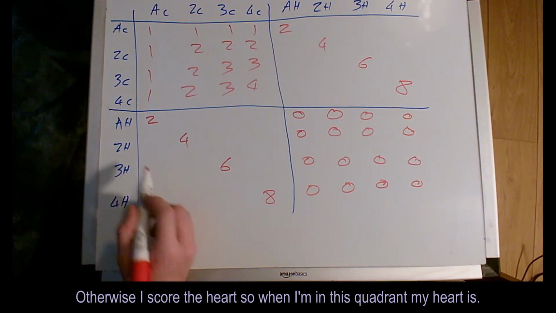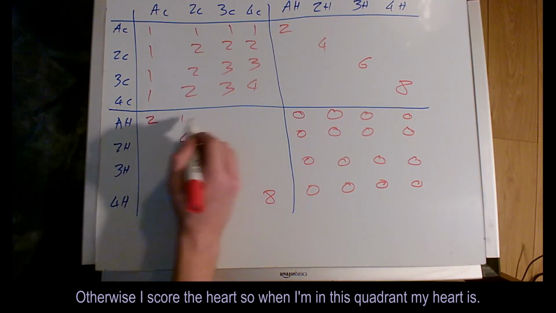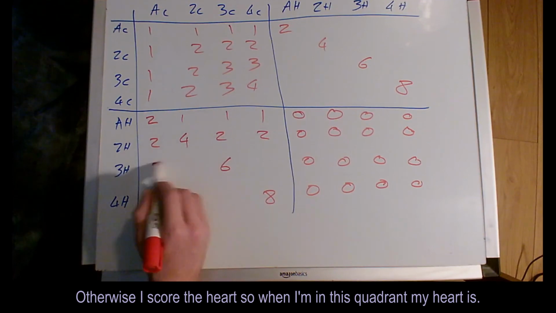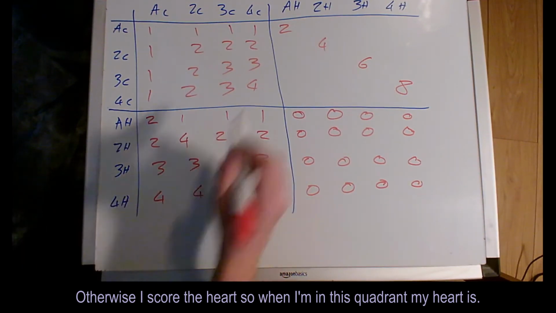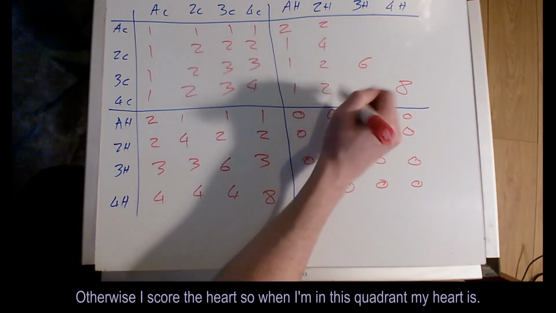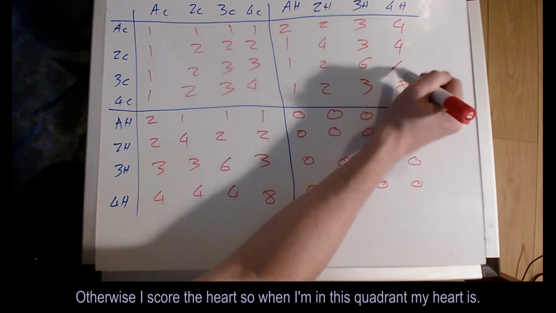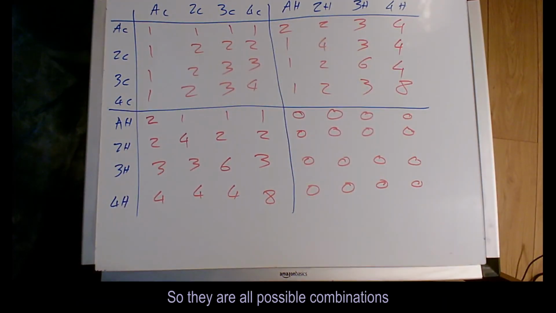So when I'm in this quadrant, when my heart is, so they are all possible combinations, except I can't draw the same card twice.